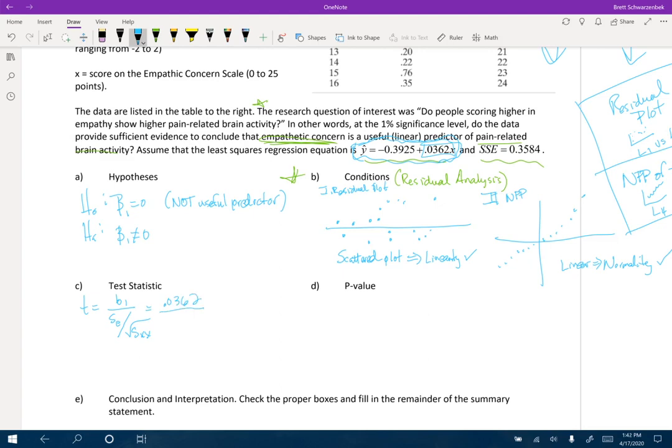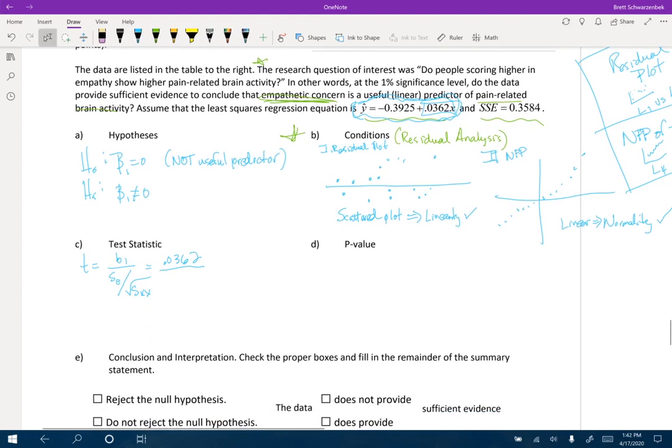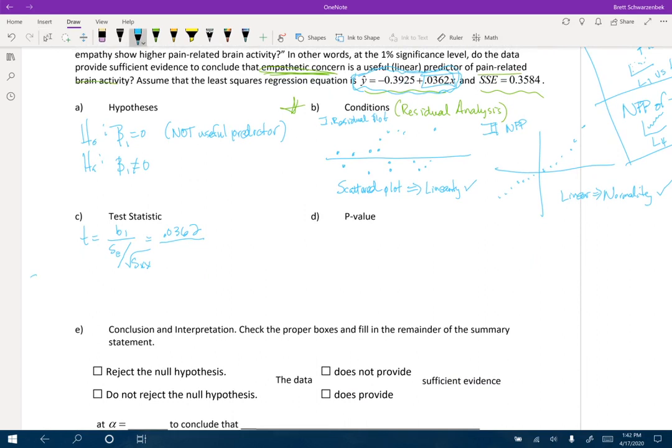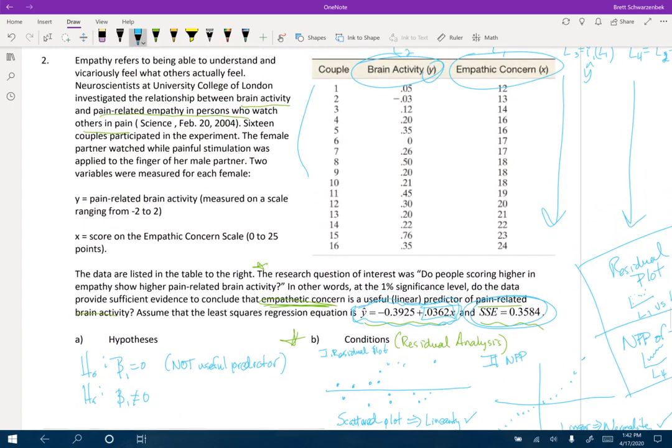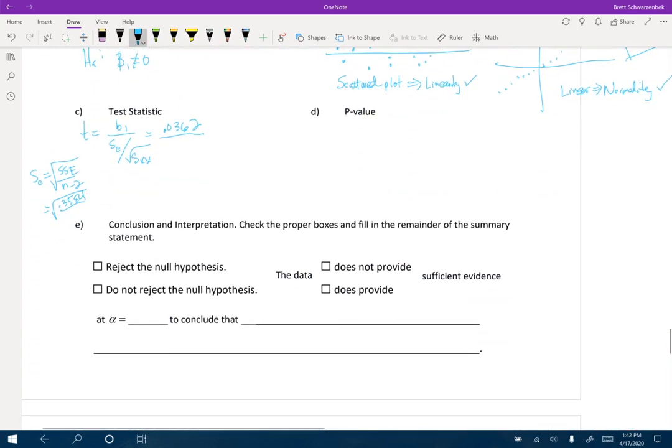So that's where we have to do a couple of calculations. First, the standard error is equal to the square root of SSE over n minus 2. They did provide SSE over here as 0.3584. So 0.3584 over, it looks like we have 16 as our sample size. That's the number of couples looking at each other in pain. And we get 0.16.